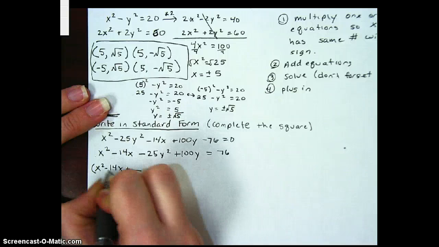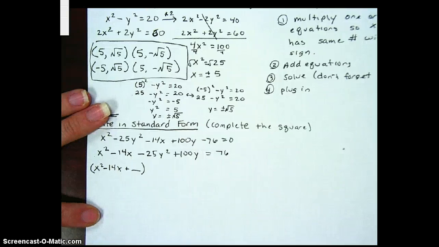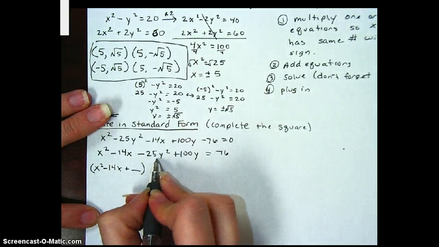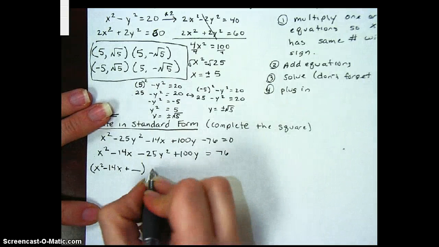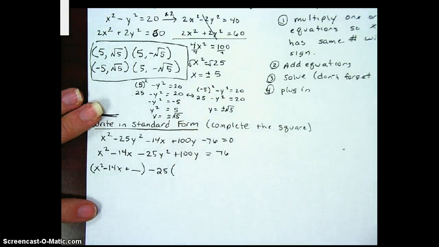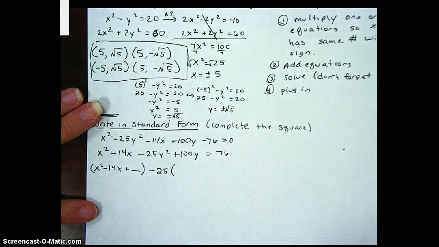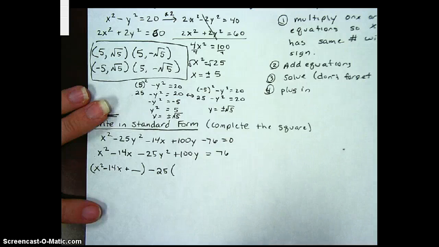And when we go ahead and factor things out or check for factors, that's where we want to add our blank. Here we've got a negative 25 in front of our y squared, so we need to factor out the negative 25. That's the only difference between the ellipse and hyperbola. As a hyperbola, you will always have at least one negative term you have to factor out.